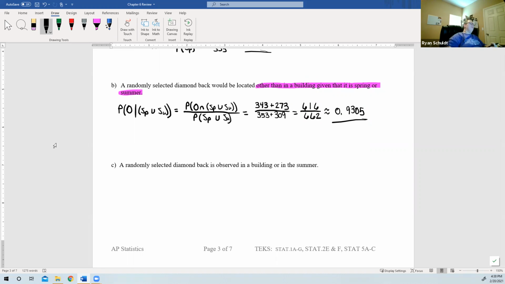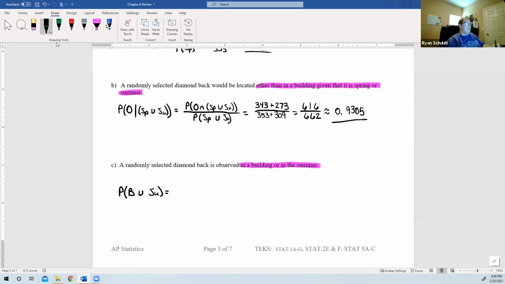Okay, so C: find the probability that a selected diamondback is observed in a building or in the summer. So we want the probability of building or summer.